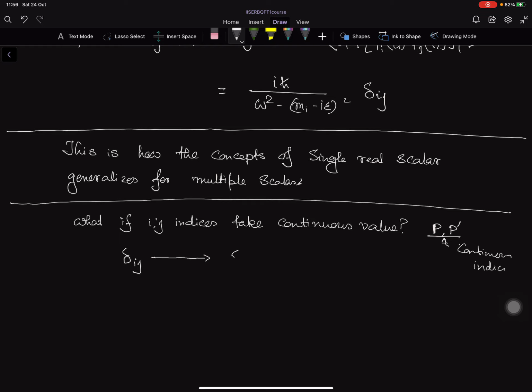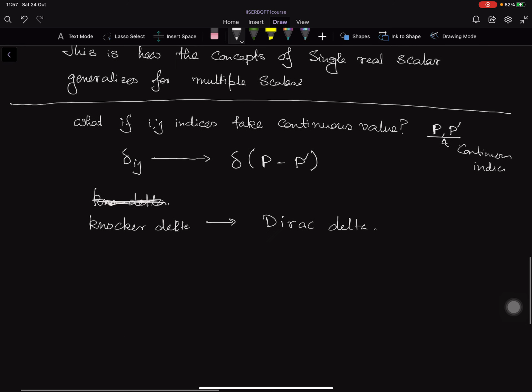So δ_ij suitably becomes δ(p minus p prime). So the Kronecker delta goes to the Dirac delta. Okay, so this is the modification, and with this modification everything simply generalizes. So what do I mean by that?